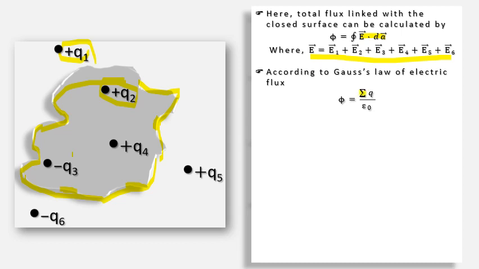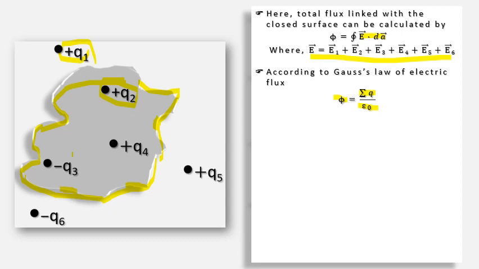What is sigma q? Sigma q is the algebraic sum of charge enclosed by the Gaussian surface. The Gaussian surface is the surface with which we try to find out the flux associated, divided by permittivity. So Gauss suggested that flux linked with any closed surface is the ratio of the algebraic sum of charge enclosed by the Gaussian surface to the permittivity of the medium.